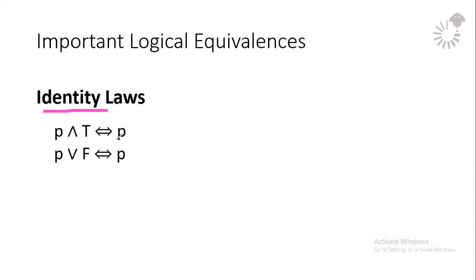For the identity law, our rule here is that if the proposition, in conjunction with true, is equivalent to the value of the proposition. So for example, if the value of the proposition is true, in conjunction with true, that is equivalent to true.